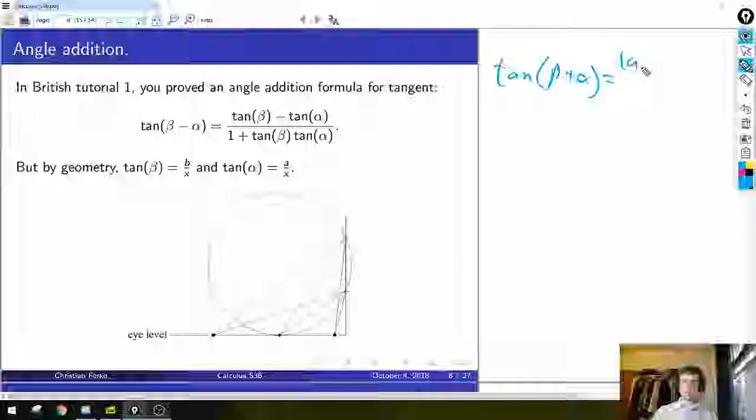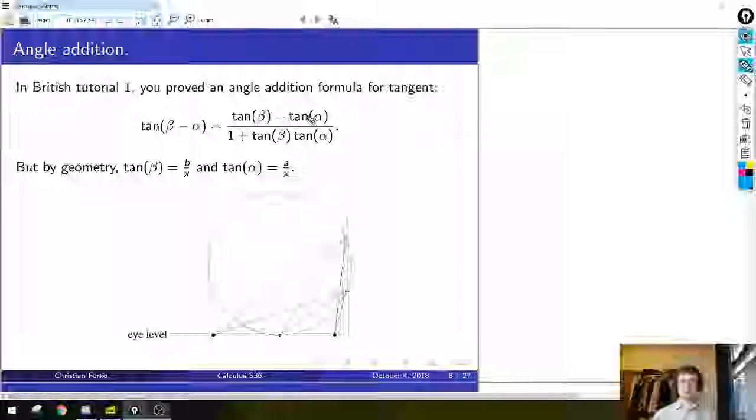I think the one you proved was tan beta plus tan alpha over 1 minus tan beta tan alpha, something like that. But if you swap alpha with minus alpha, because tangent is odd, tangent of minus alpha is minus tangent of alpha, and you get this chunk over here.